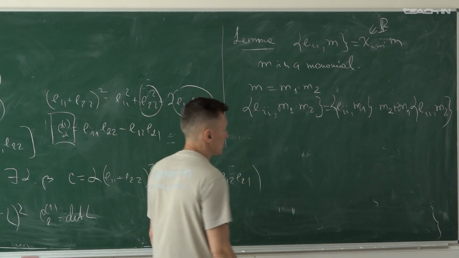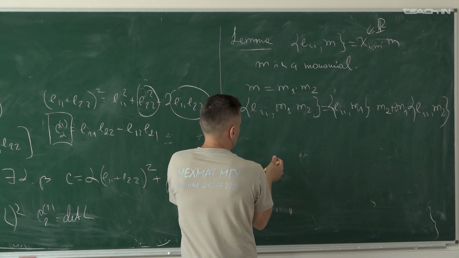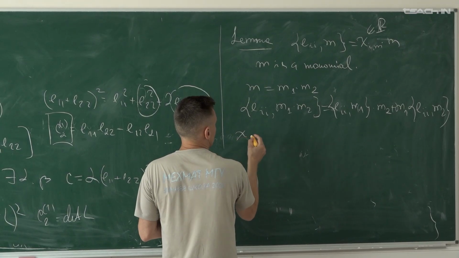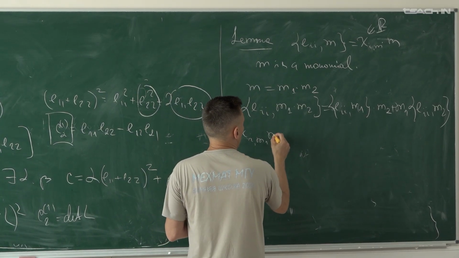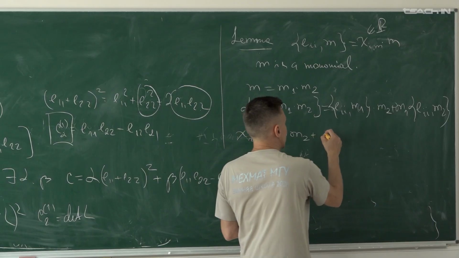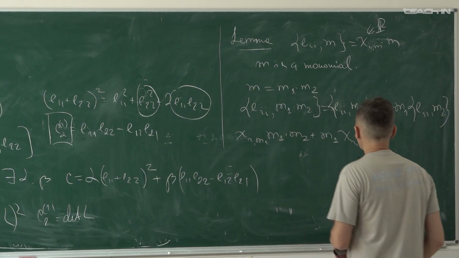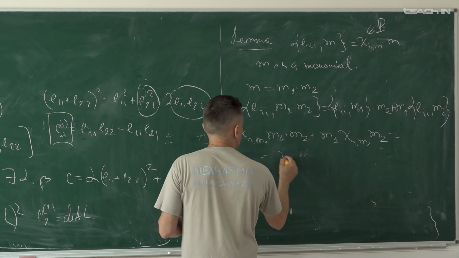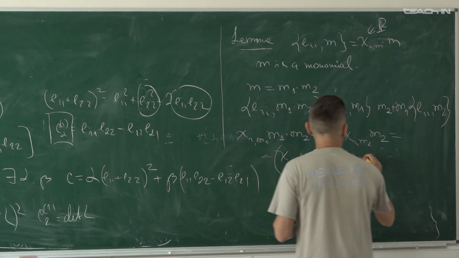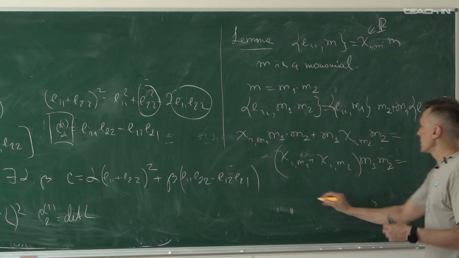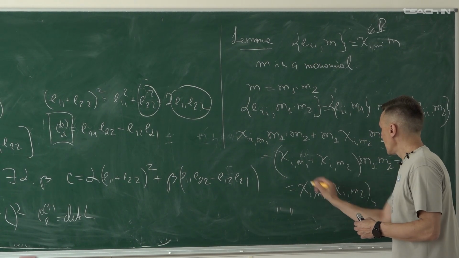If our hypothesis is true for the monomials of the lower order, then it is the same as h_i(M1) M1 M2 plus M1 h_i(M2) M2, and it is the same as (h_i(M1) plus h_i(M2)) multiplied by M1 M2, which is h_i(M) multiplied by M.